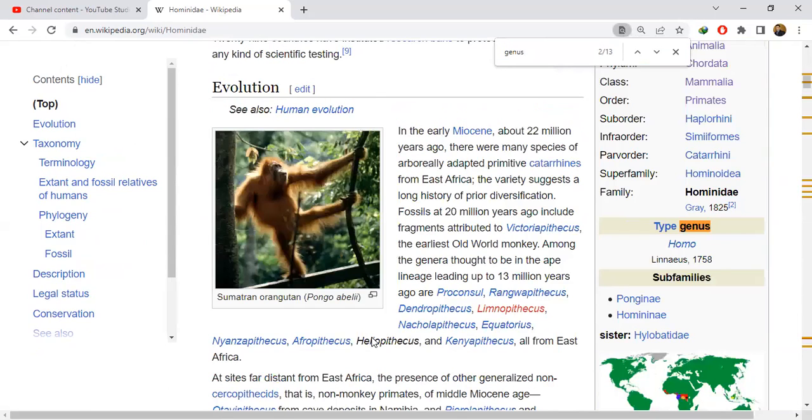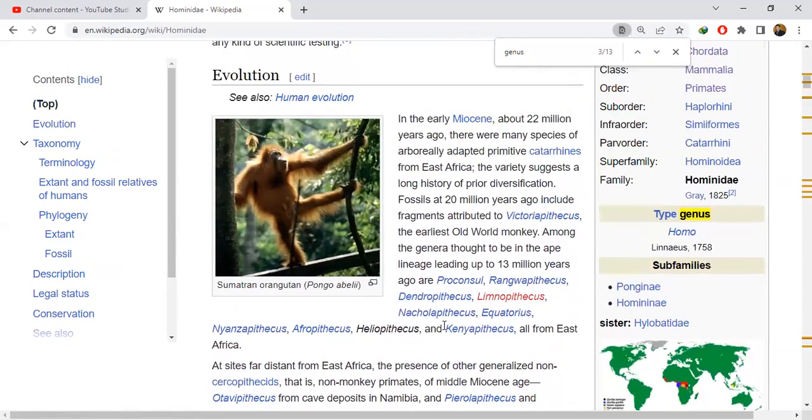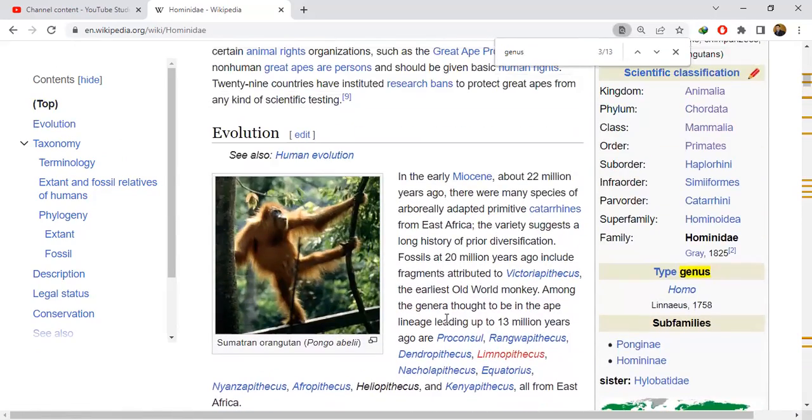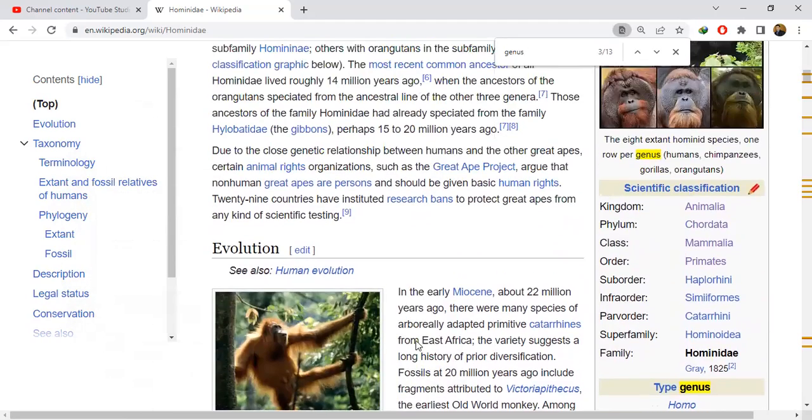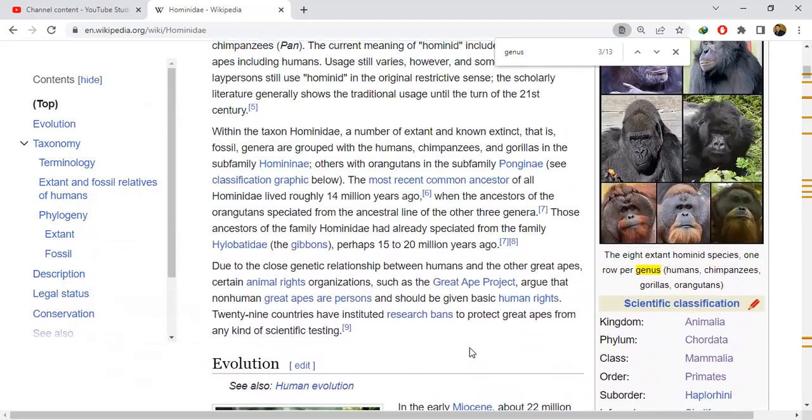In the Hominidae family, there are many genera. One genus is Homo. Another genus is called Pan, P-A-N.